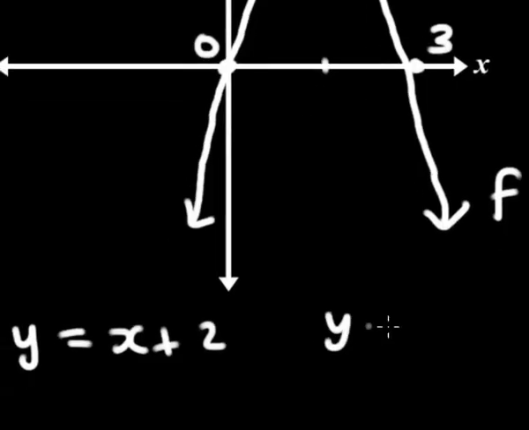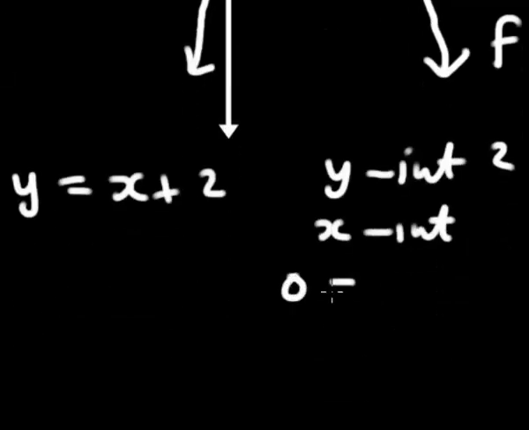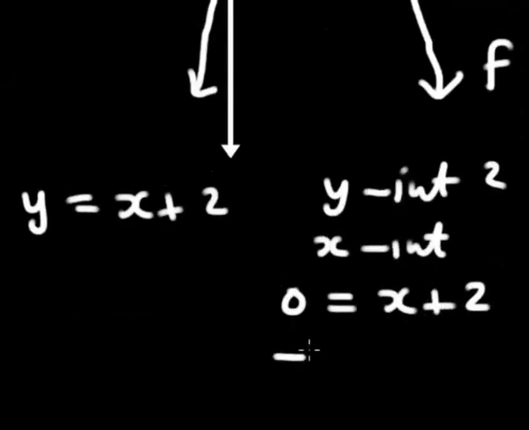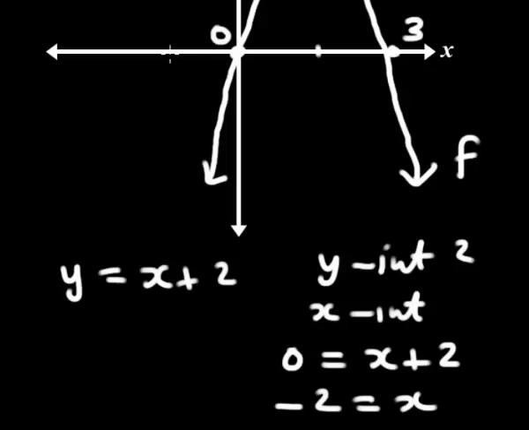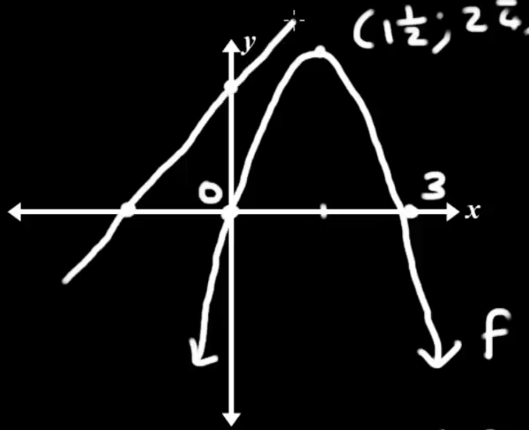And for the x-intercept, we let y be equal to 0. If 0 is equal to x plus 2, then x will be negative 2. So we're cutting about there, and we've got our straight line, y equals x plus 2.